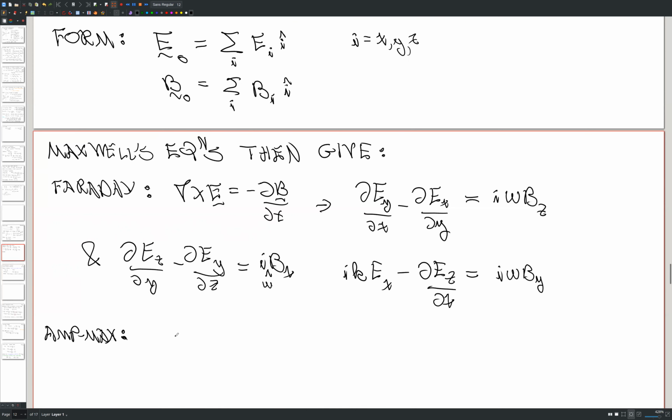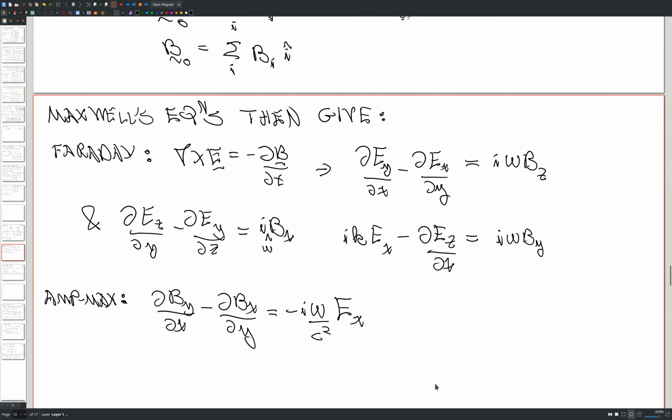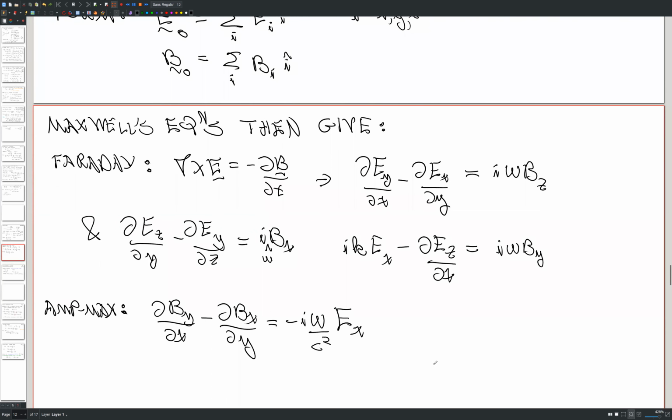So I get similar looking equations. I get that dB_y/dx minus dB_x/dy, that's now minus i omega, because I'm taking the time derivative of the x component. But there's the mu 0 epsilon 0, which is 1 over c squared. So I'm going to write that straight like this here. So that's the first of these other equations. And then the other ones look like this.